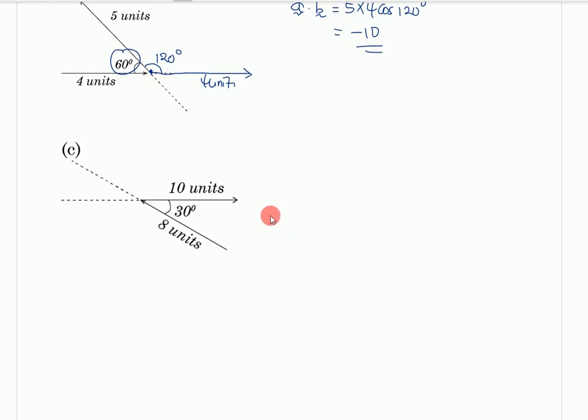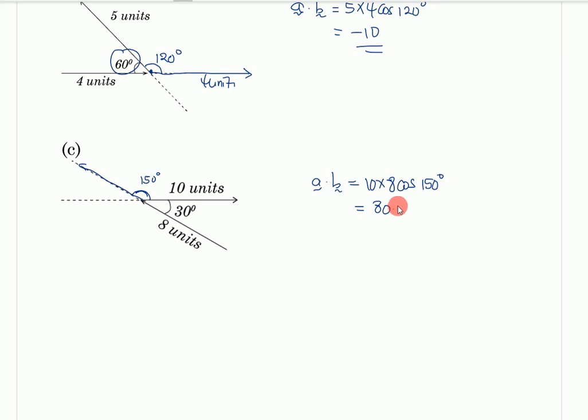If you are to get the dot product of this, you extrapolate that so that it can go there, and the angle between the two vectors is this one here, which is 180 minus 30. So this is 150 degrees. And A dot B now shall be equal to 10 times 8 times cosine of 150 degrees.